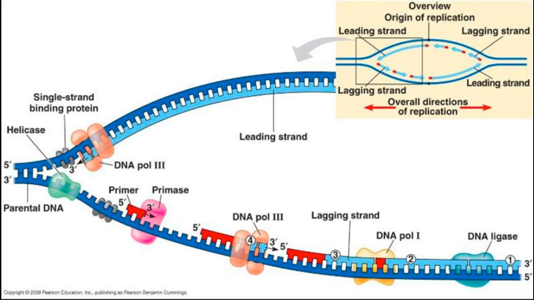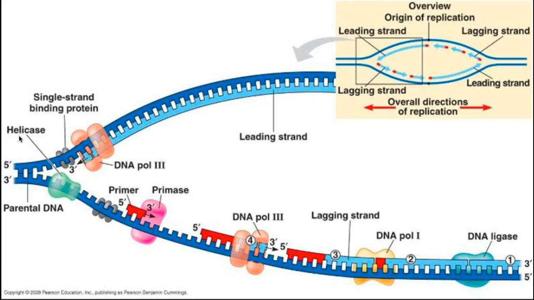This model here shows how DNA replication takes place, and we have a number of enzymes that are involved in this process. So you can see we're going to start over here on the left. We have DNA helicase, or just helicase. Helicase is an enzyme that helps to unzip the DNA molecule and separate it into two single strands. This is really important.